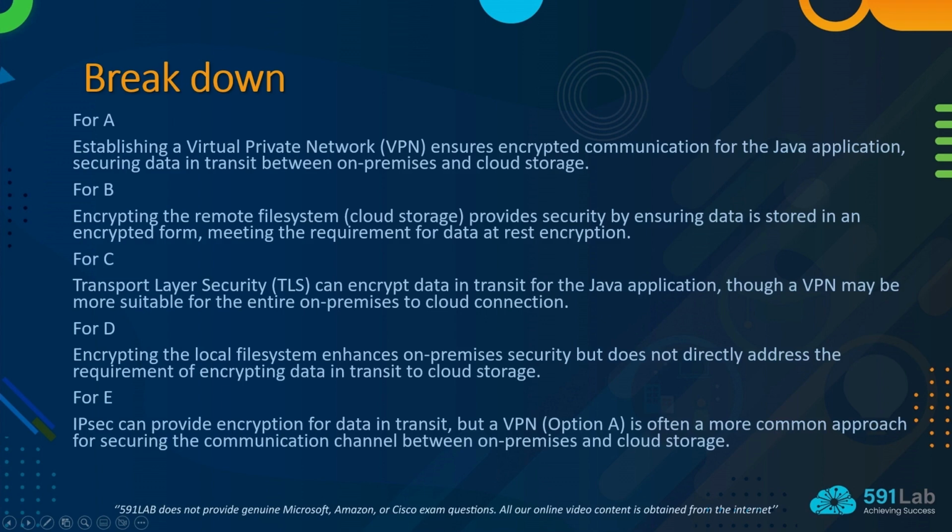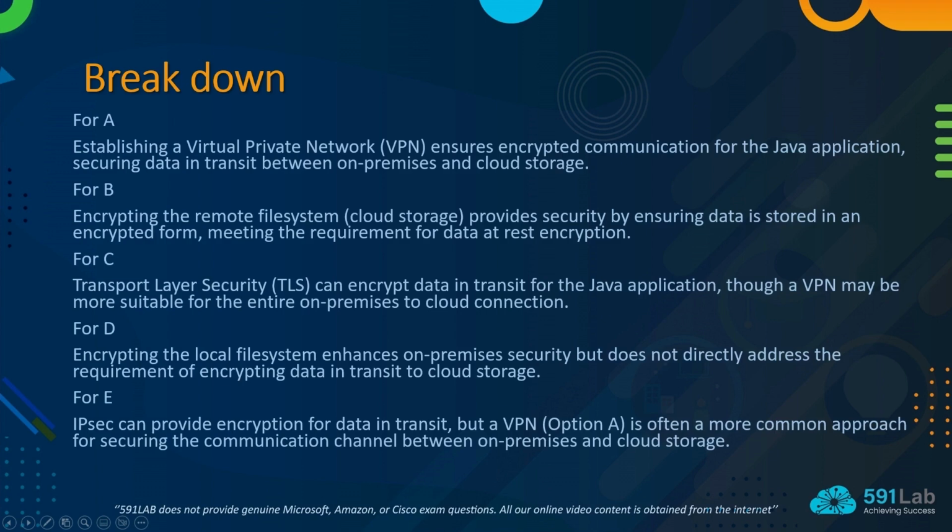For option D, while encrypting the local file system is generally a good practice for securing data at rest on the on-premise side, it does not directly address the security policy requirement of encrypting data in transit to the cloud storage.